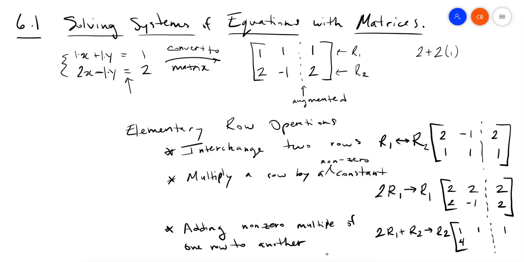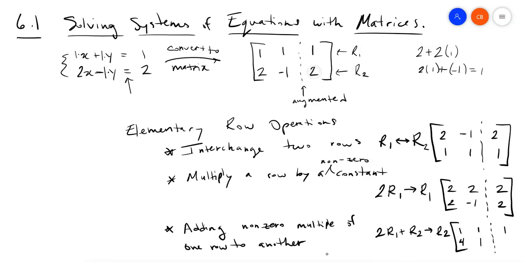And I'm sorry for this construction noise that's going on, but here we have, for the second entry, we're wanting to take 2 times row 1, so we will have 2 times 1 again. And we're wanting to add it to row 2, so we would want to add it to this negative 1. And that will give us 2 minus 1, which is 1, and that's what will go there.